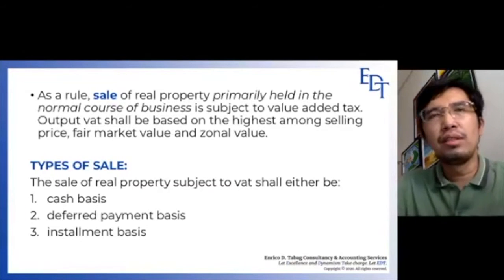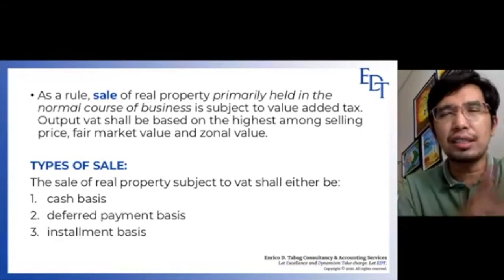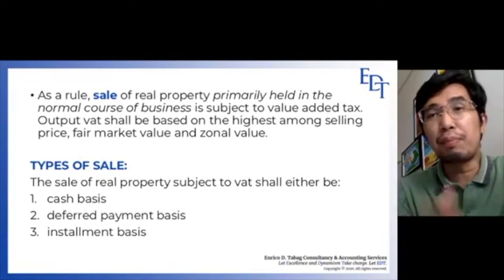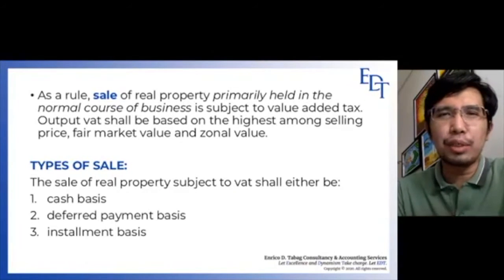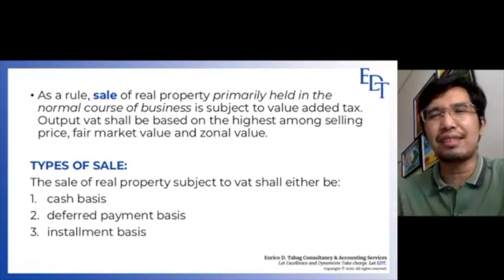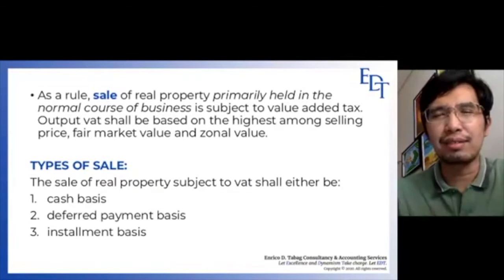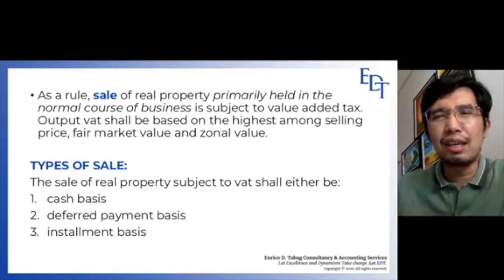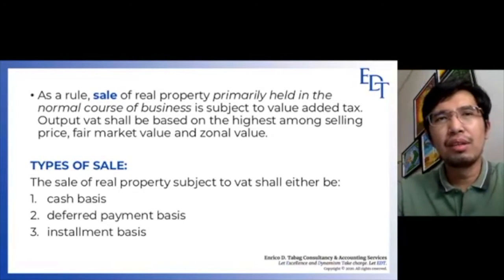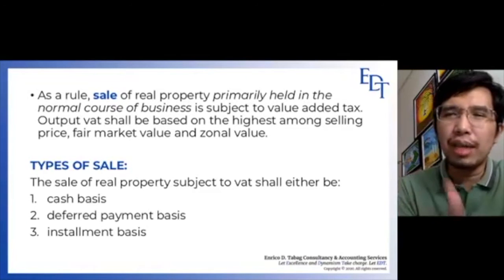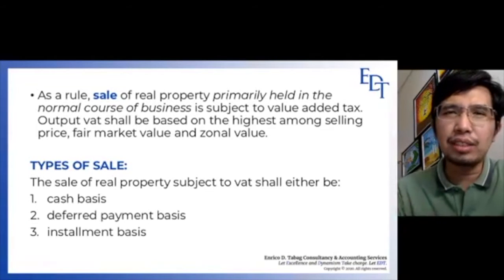Okay? So, ganito lang yan. Siyempre, kung cash basis yung sale mo, fully paid ka naman, di ba? So, in that case, we need to report the entire output VAT right away during the month or quarter na ginawa natin yung sale na yun, natural, okay? So, ulitin ko, kailan natin, o how much of the output VAT shall be reported or remitted to the BIR?